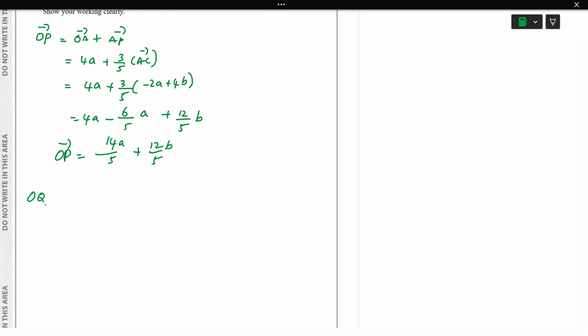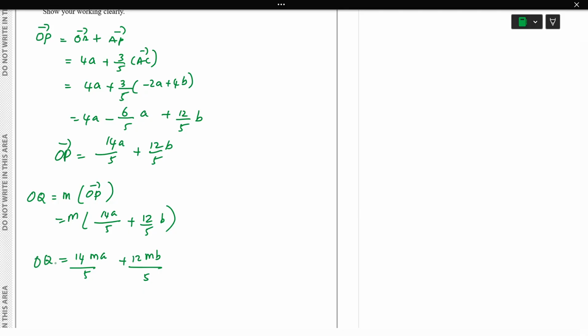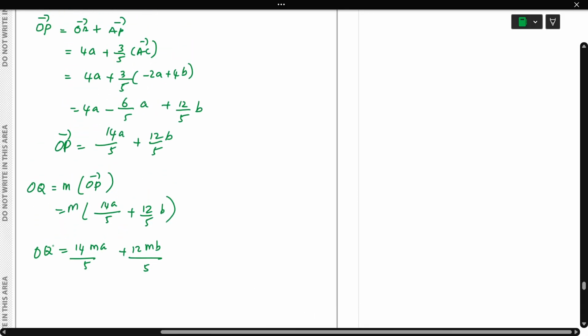I'll take M of OP, which is M times 14A by 5 plus 12 by 5 B. When I expand this, it is 14MA by 5 plus 12MB over 5. This is OQ. Now I'll find OQ in the other way.